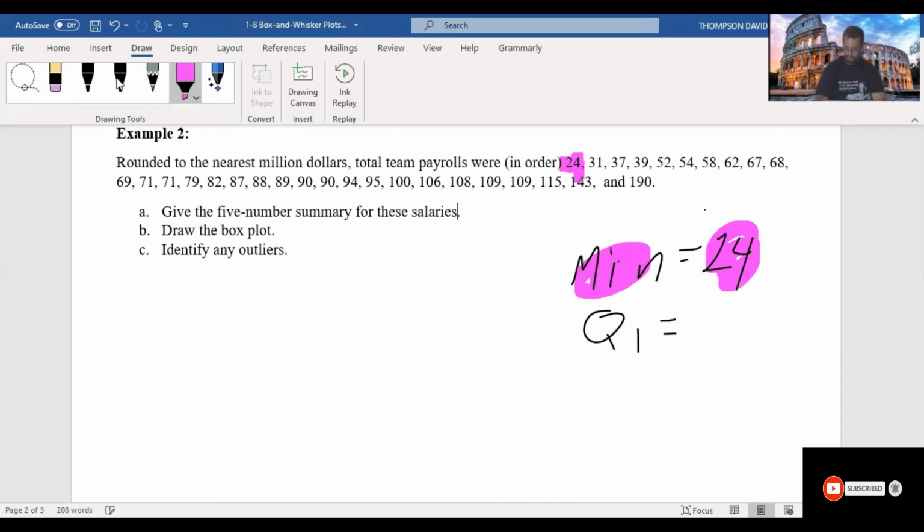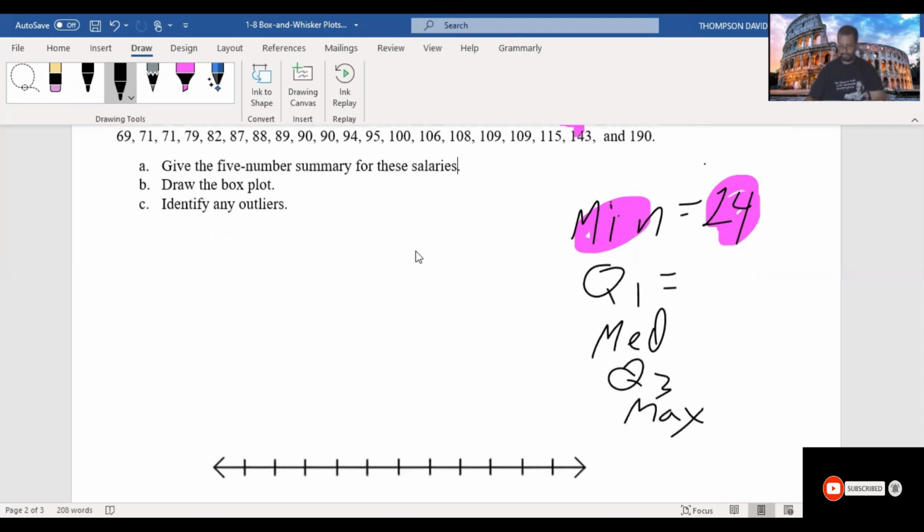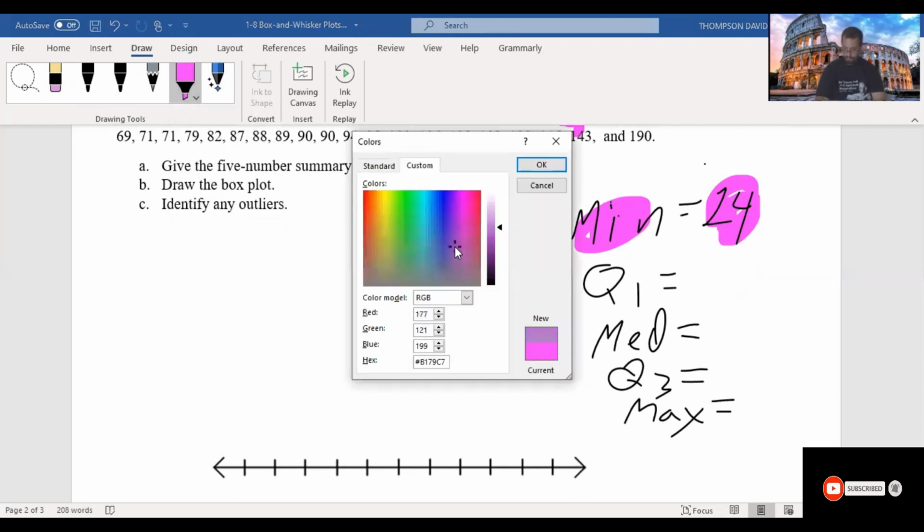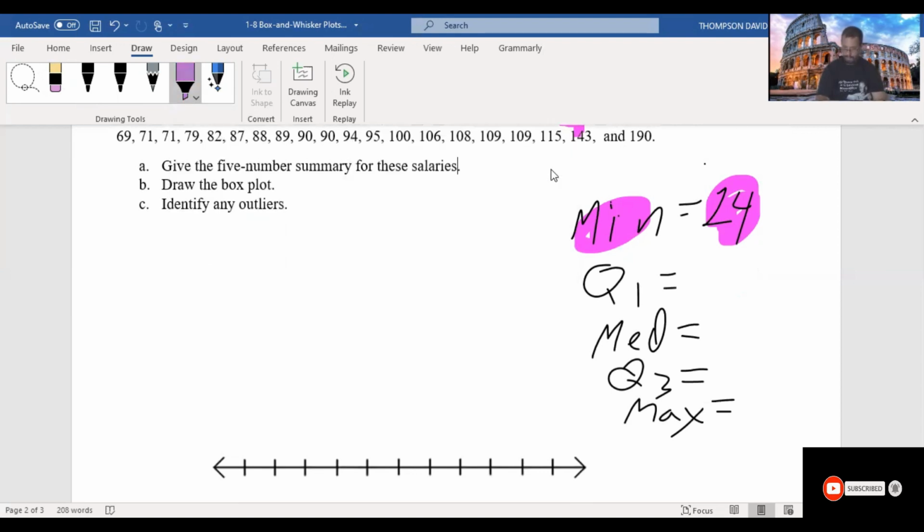Then we have our median, our quartile 3, and our max. Our maximum we'll do in purple, or something really close to purple. Our maximum is 190.